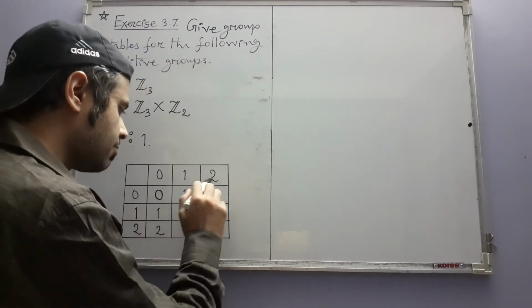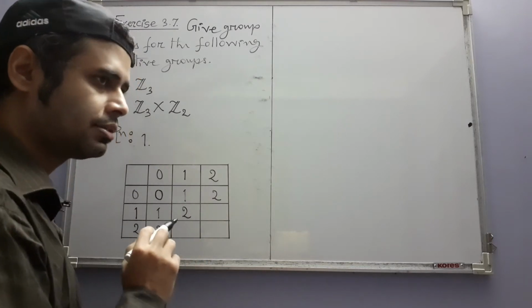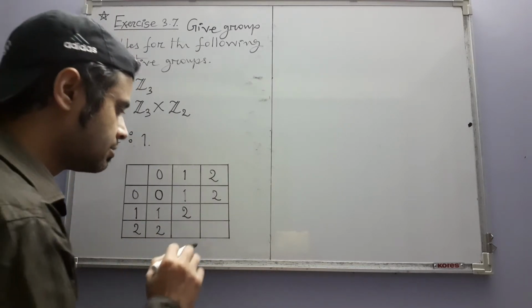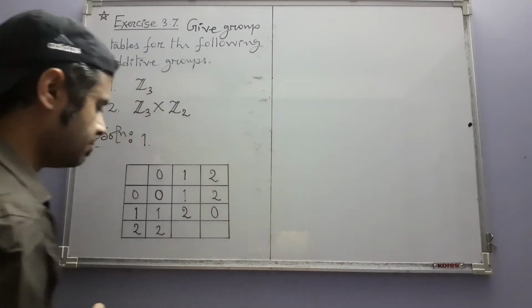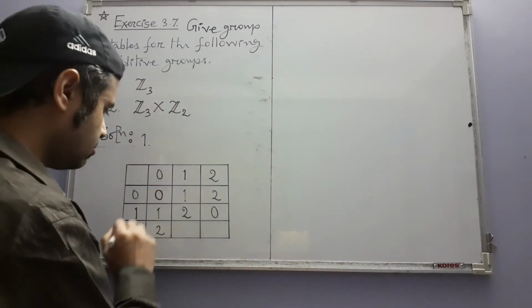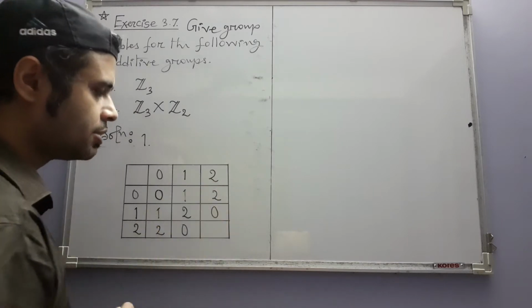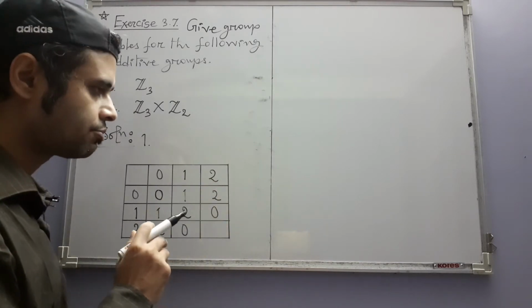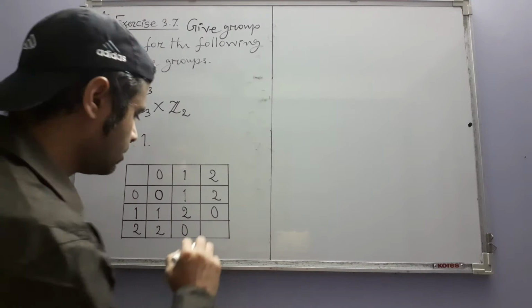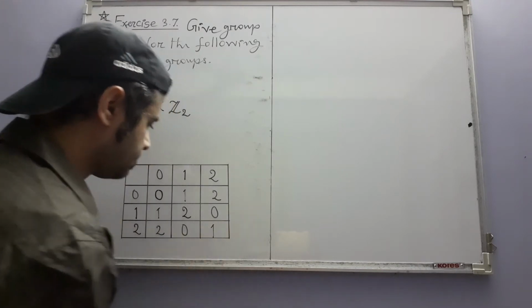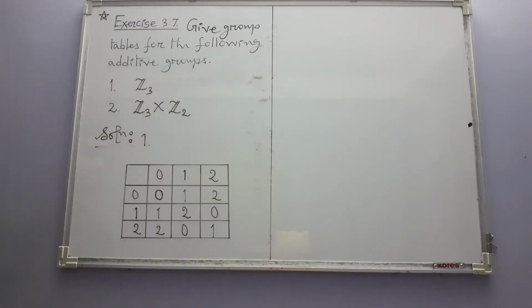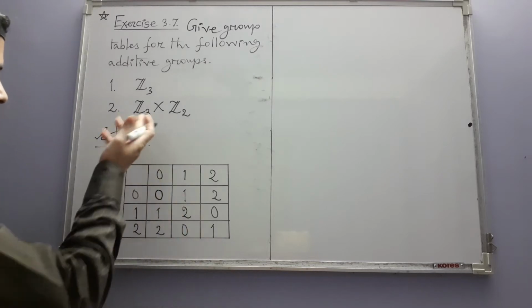Now here 1 plus 2 is 3, and when you divide 3 by 3, the remainder is 0, so you get 0. Just like that, 2 plus 1 is also 0, and 2 plus 2 is 4, and when you divide 4 by 3, the remainder is 1. So this is the group table for the first one.